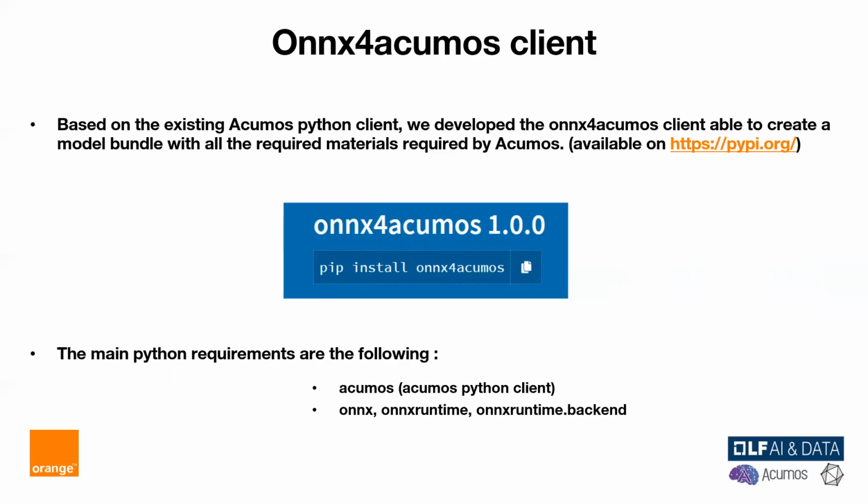And then we enrich this Python client with the use of ONNX, ONNX Runtime, and ONNX Runtime backend library. Now, this ONNX client is available on PyPI like any other Python library.